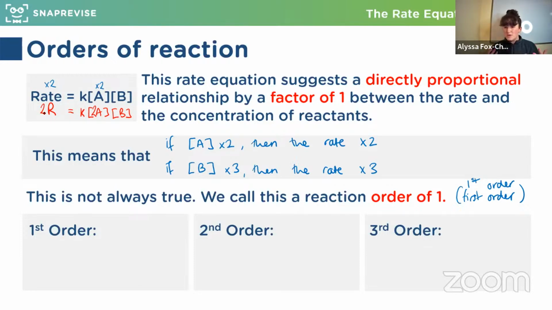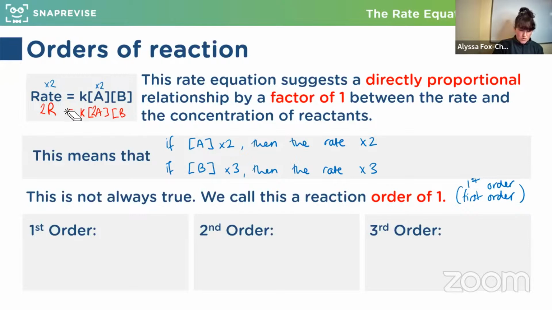Think algebraic expressions. If I double something on one side, I'm going to double the other side of the expression as well, because they are directly proportional, they're equal, and therefore equivalent to each other. So if I double something on the right-hand side, the number on the left-hand side is going to also double, because that B value stays the same and so does K.